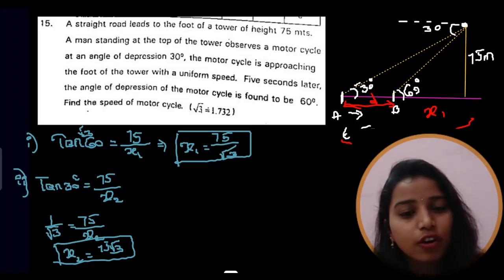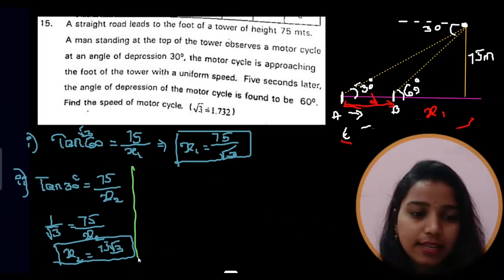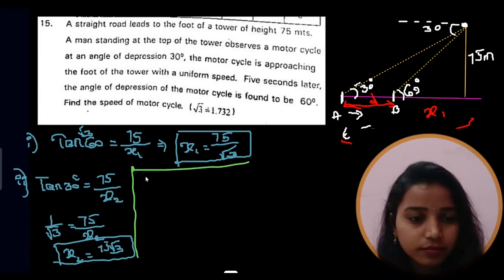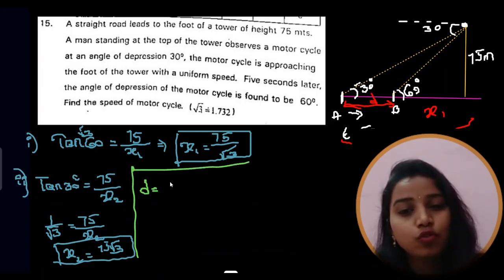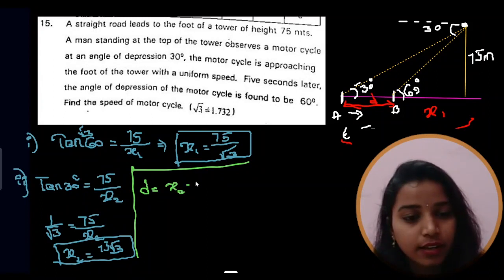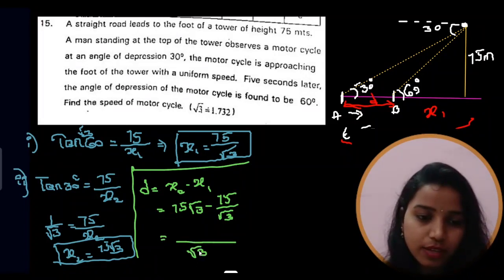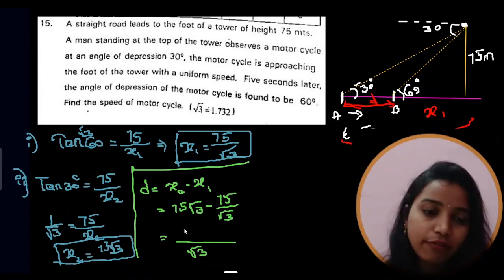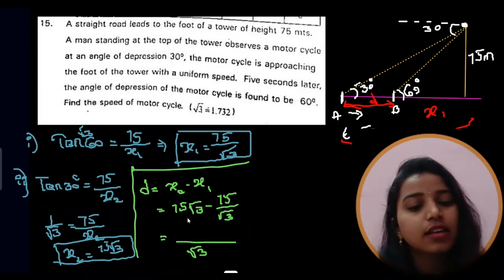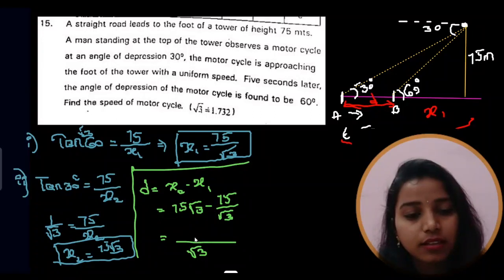Now to find d, what do we need to do? Simply d is equal to x2 minus x1, right? So x2 is 75 root 3 minus x1, which is 75 by root 3, right? Now if you take root 3 common, then it will be 75 into 3, that is 225, minus 75.